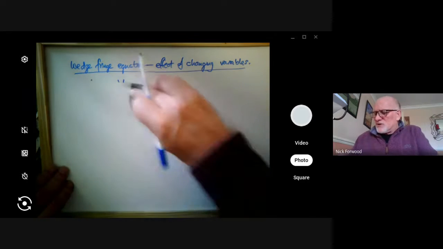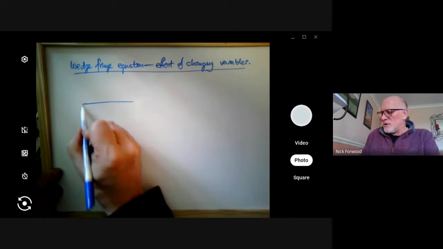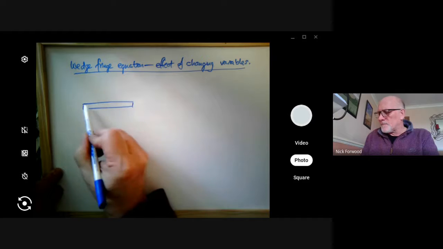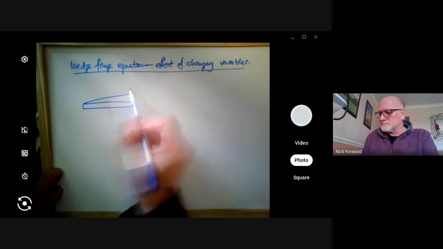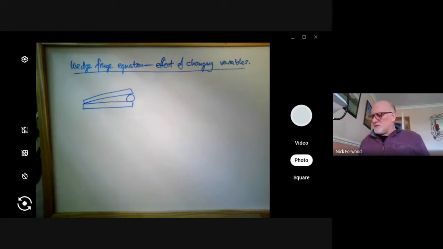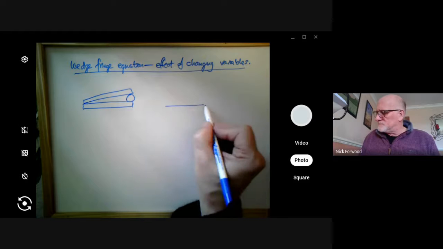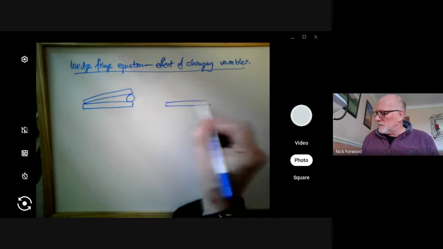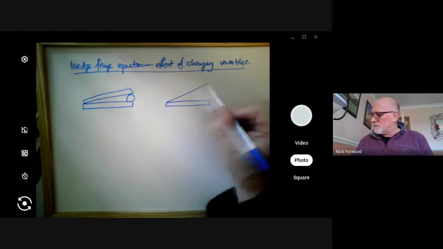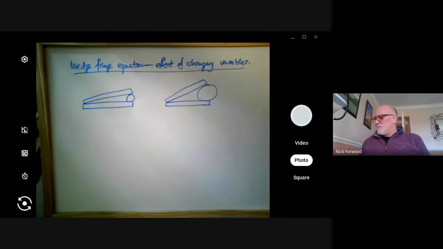So let's have a look at our thin air wedge. And there's a thin air wedge, and it's propped up with something quite thin. And here's the same thing, but this time it's propped up with something much bigger.